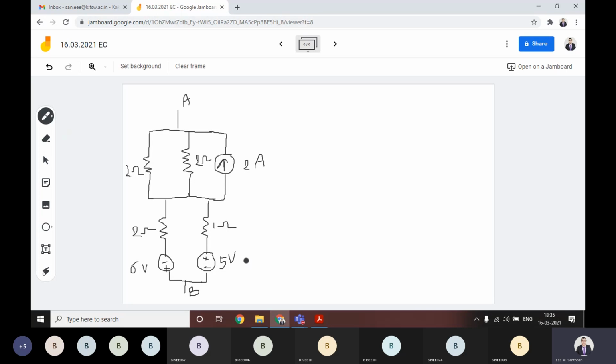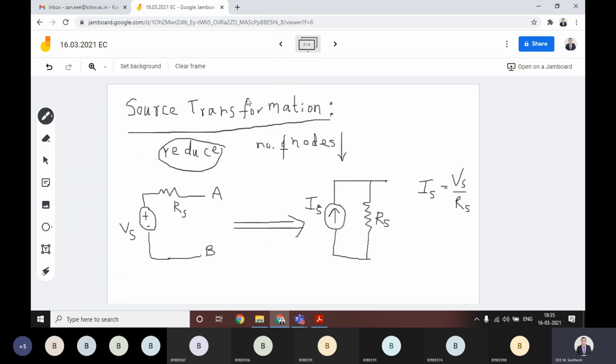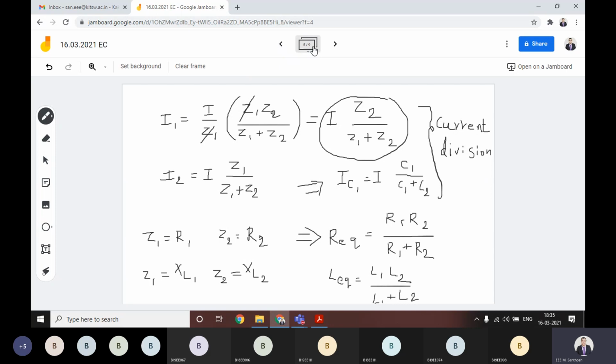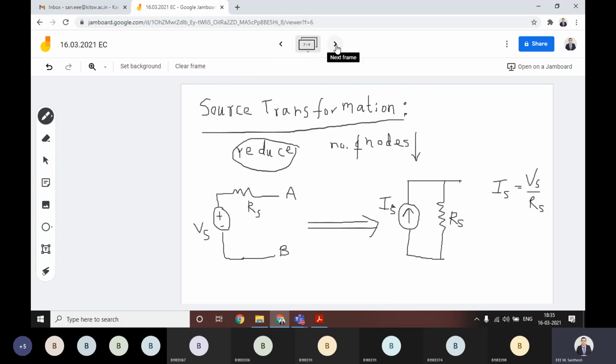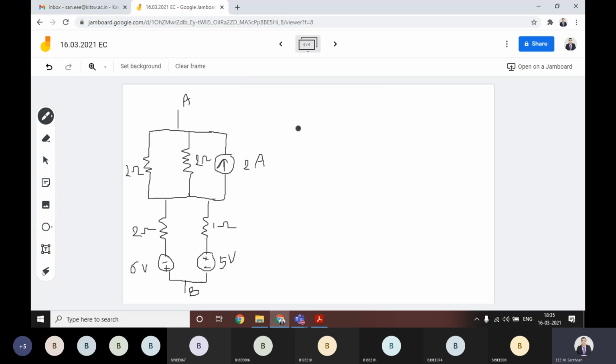Anyone? When we are discussing all these series connections, parallel connections, the formulas look simple, but whenever it comes to applying them to any circuit, there comes the difficulty. You have to practice more problems so that you can solve very easily.